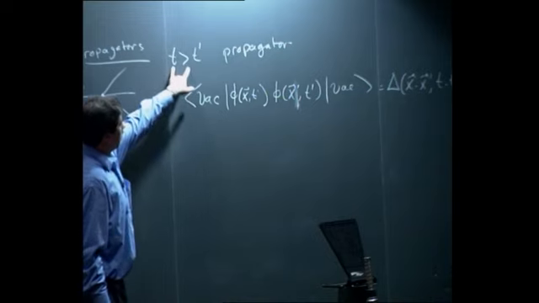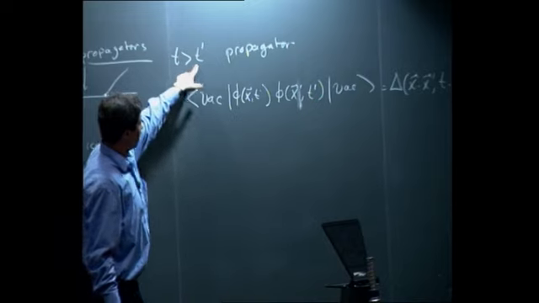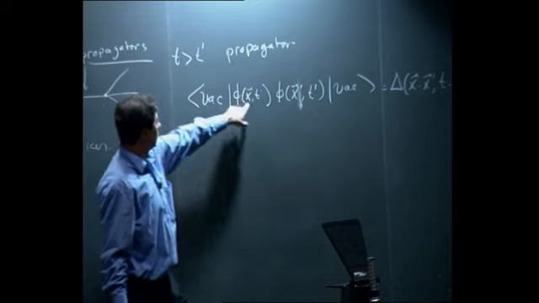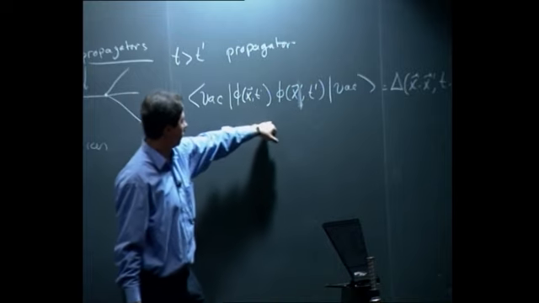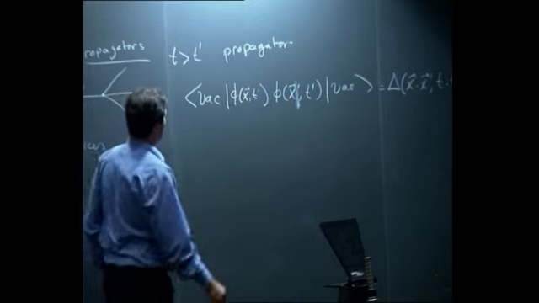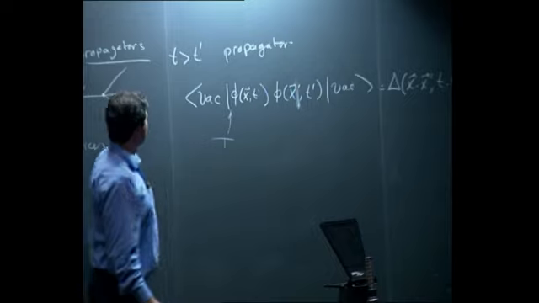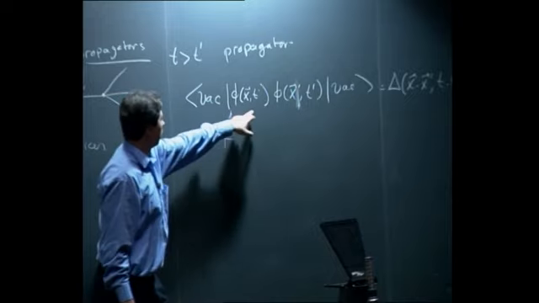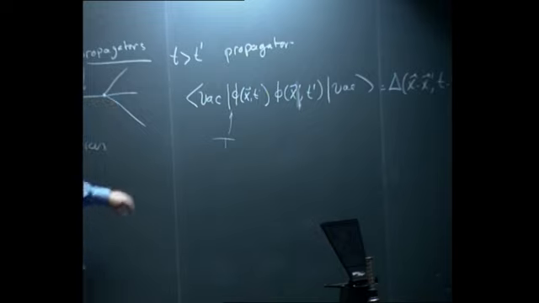And it's in this case where I've assumed that t is larger than t prime, because the propagator in the case that t is smaller than t prime should be defined in such a way that this operator indeed acts first. So I could also insert in here the time ordering, which makes clear that I always should order my operators according to the order in which they act in time.